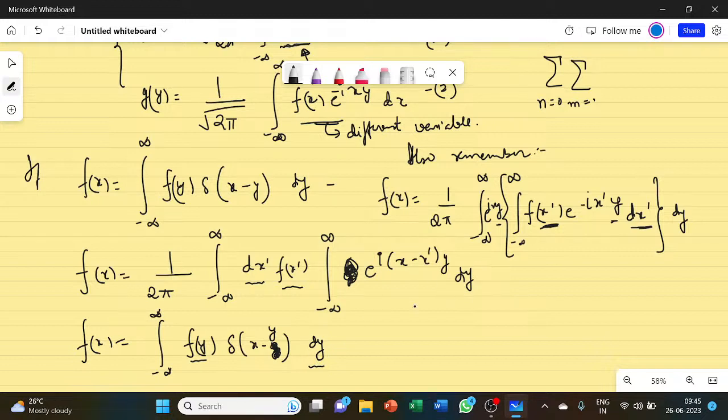So when I say that I have to compare both of them, what I'll get, instead of just y, if I just write Dirac of x minus x dash, then this Dirac of x minus x dash is simply integral from minus infinity to plus infinity e to the power iota x minus x dash times y dy. So if you compare, you will get this.